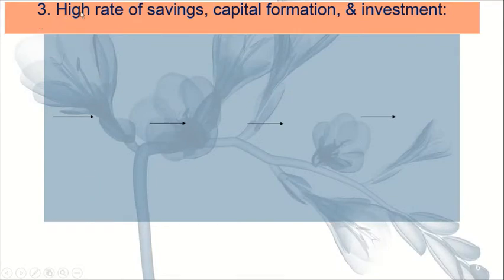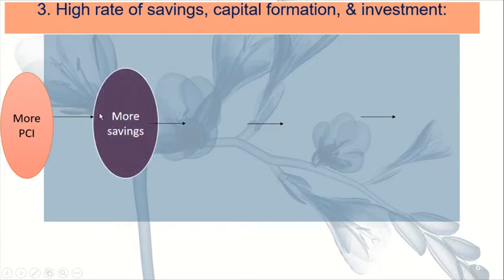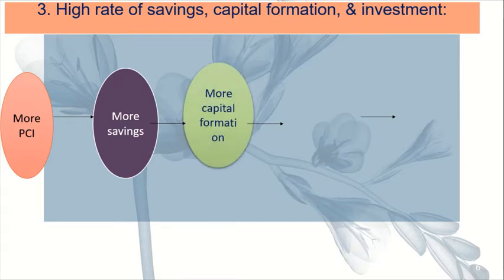Now, third number, high rate of savings, capital formation and investment. In the developed countries, more per capita income of the people, and it turns to more saving. That is, when there will be more per capita income, obviously people will expend more money for consumption, and after that people have surplus income for saving, and more saving turns into more capital formation.